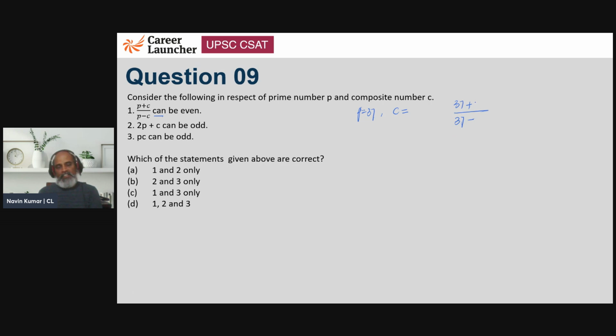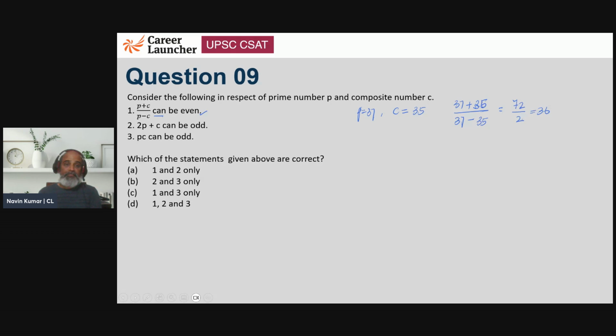If I take 37 plus 21, this is going to be 58. If I take 37 plus 31, this is going to be 68, but the denominator is going to be 6. 37 plus 35 is 72, and 37 minus 35 is 2, which gives 36. So with 37 prime and 35 composite, we can see that it can be even.